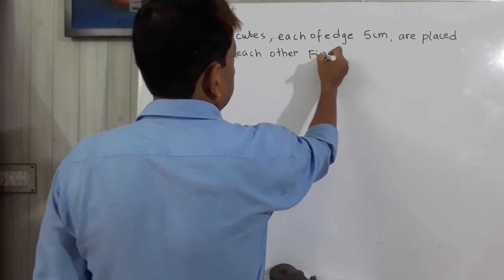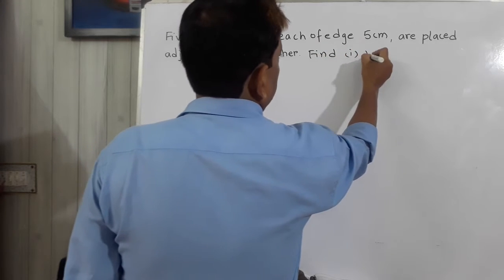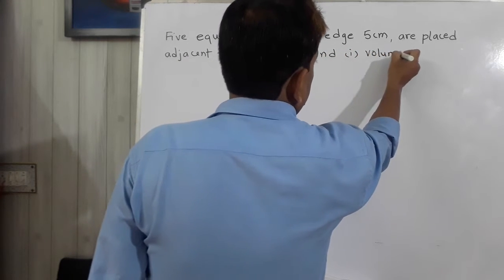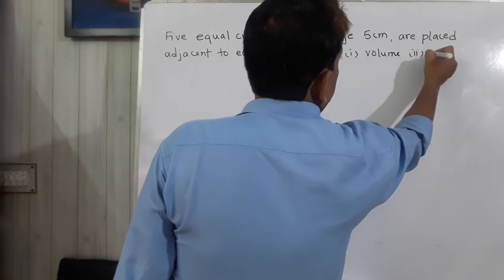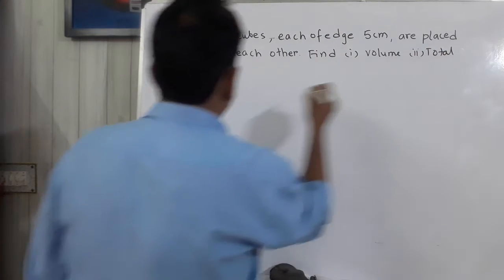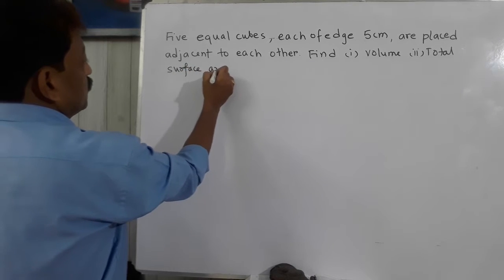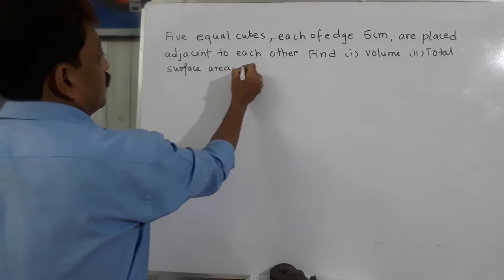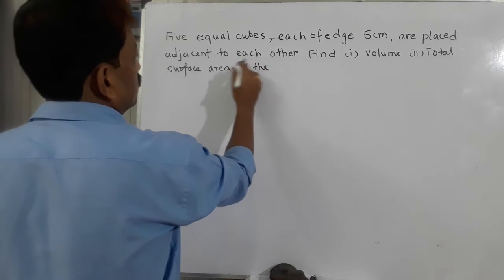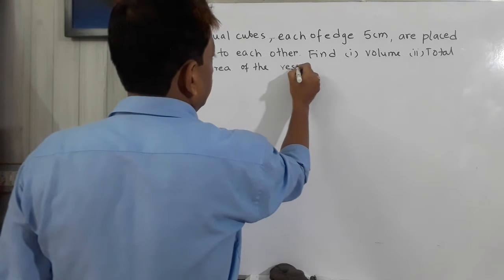Find number 1, volume, number 2, total surface area of the resulting cuboid.